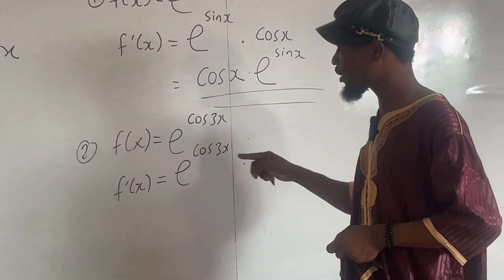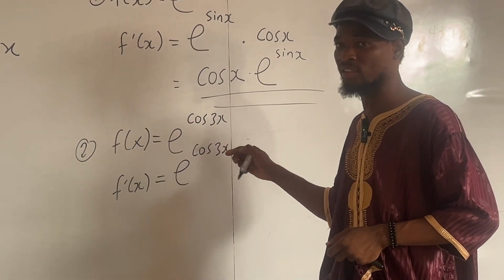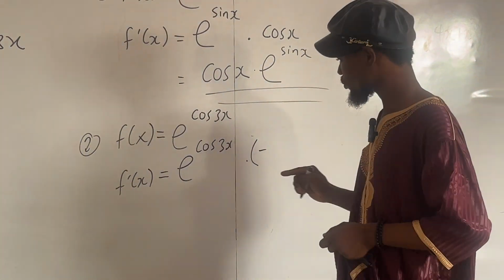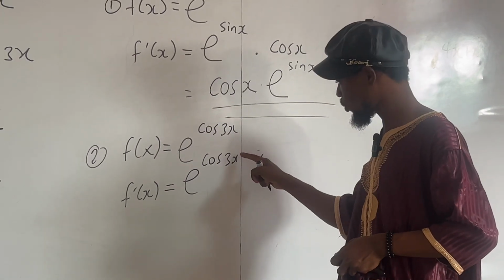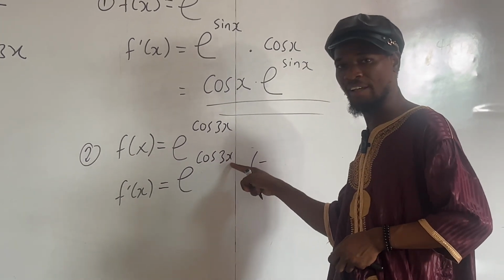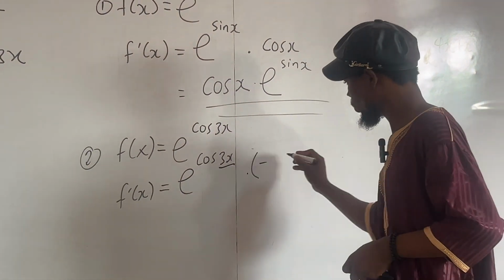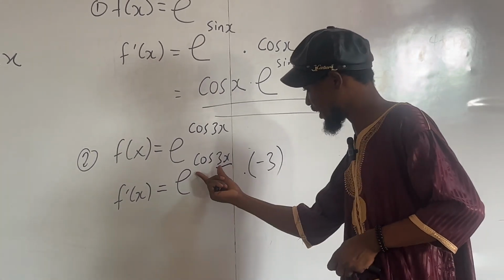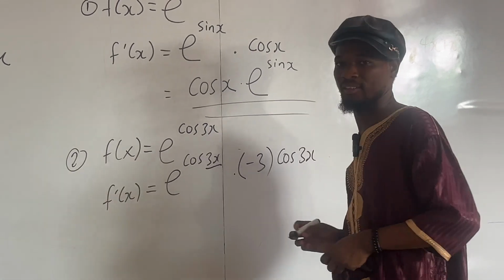Whenever you differentiate a cos function, you have a negative somewhere. Now, whenever you have this cos 3x, you differentiate 3x. When you differentiate 3x, you have 3, so that 3 comes here. After that, you write cos 3x.